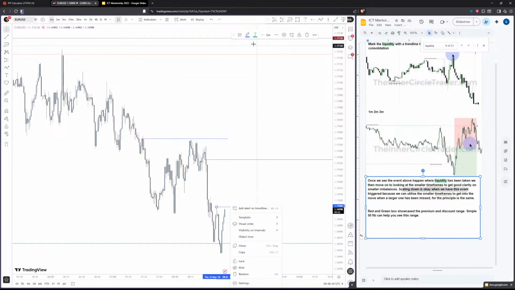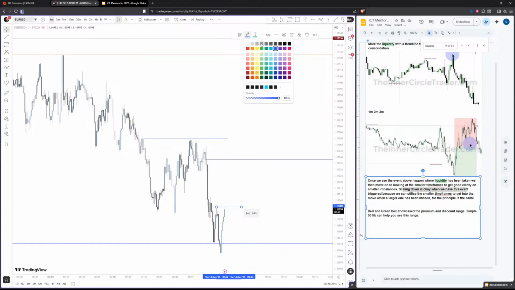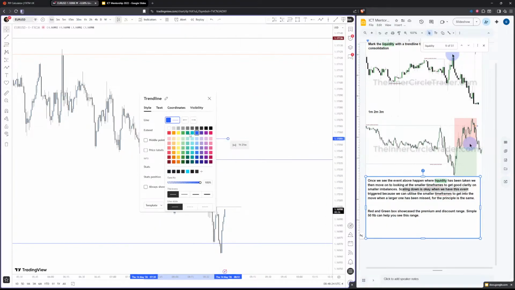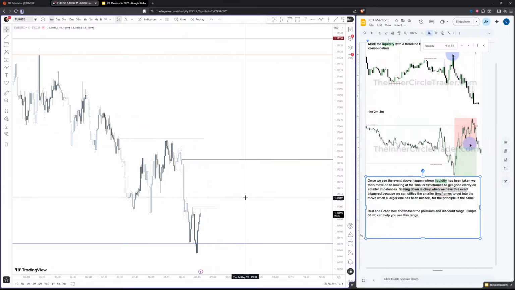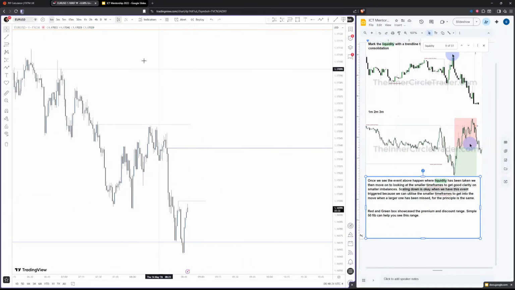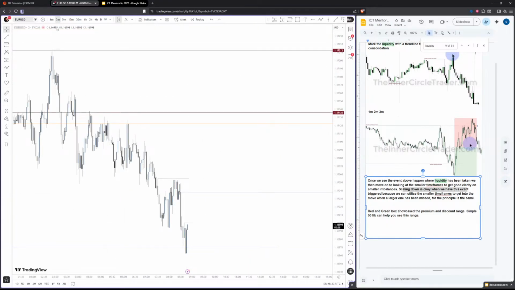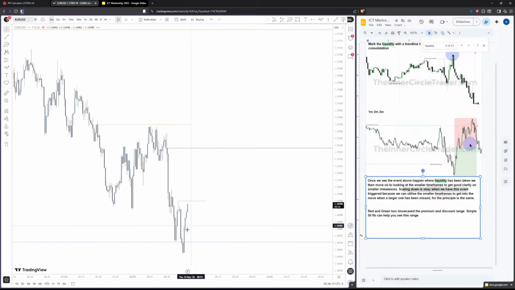Make this gray. Taking this with a fair value gap or displacement would be a valid market structure shift. On the 1 minute, technically we've had that, but I'd be careful with the 1 minute.